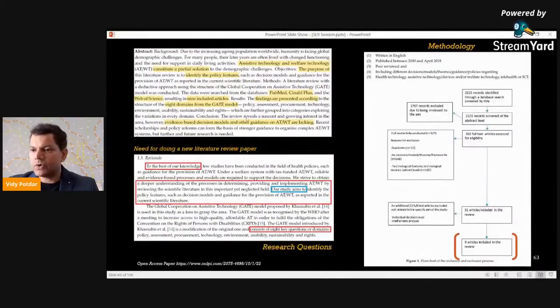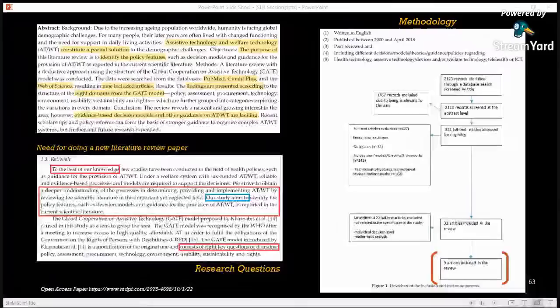All right, so if you look here, for the need for doing a literature review, what they have mentioned here is, "To the best of our knowledge, few studies have been conducted in the field of health policies, such as this.